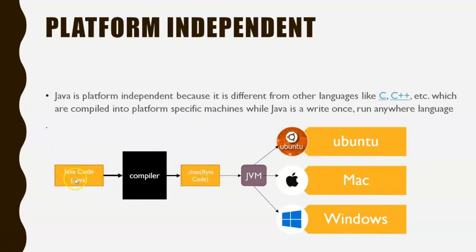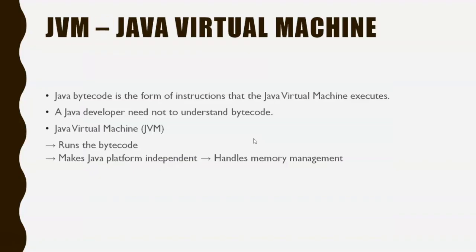You write the code and you compile it and you get the bytecode. And to use the calculator, you're entering some input and output, and that execution is taken care of by JVM. Okay. And so a Java developer need not understand bytecode. It's JVM's responsibility to execute our bytecode and produce the result.